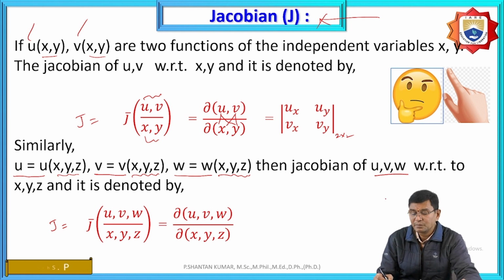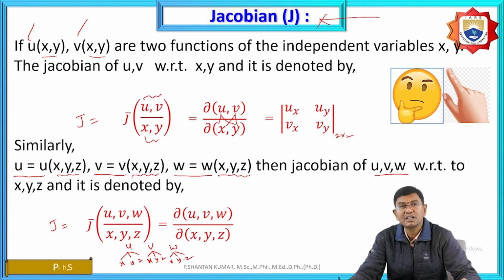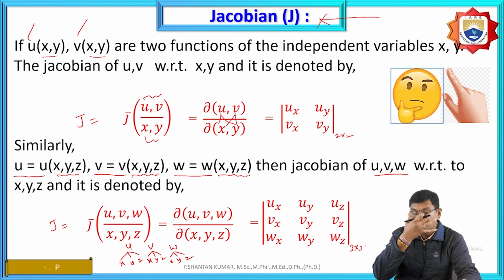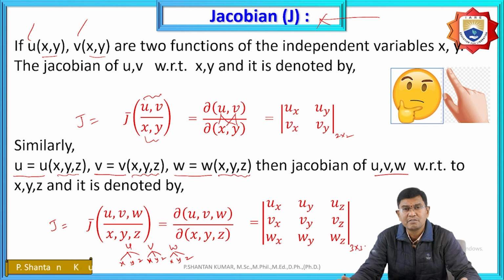The 3 by 3 determinant has the rows u_x, u_y, u_z, then v_x, v_y, v_z, then w_x, w_y, w_z. Based upon this, we need to obtain the 3 by 3 determinant and find its value.